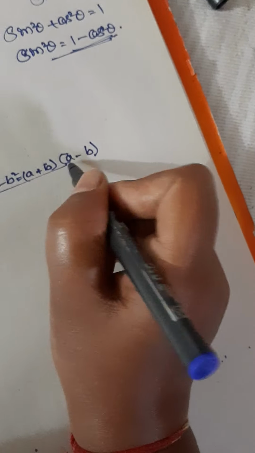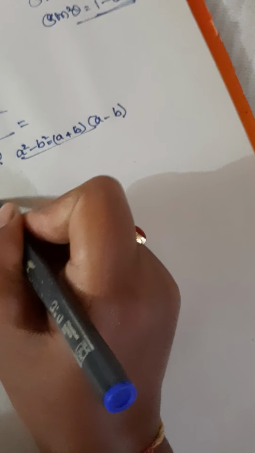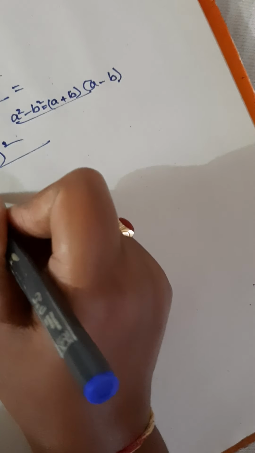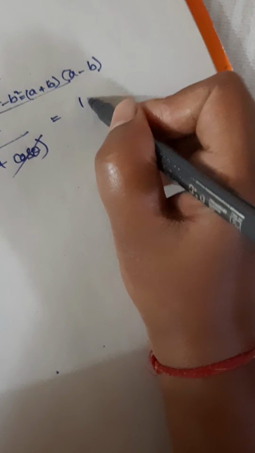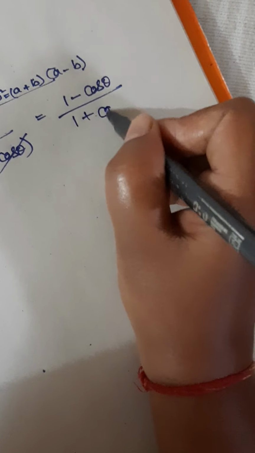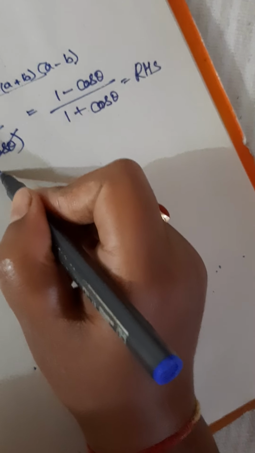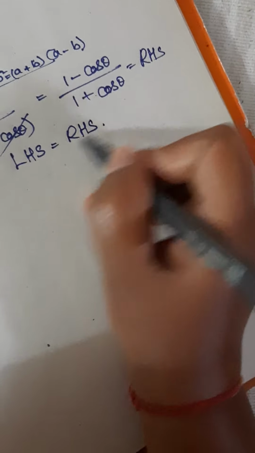So we can write (1 minus cos theta) whole square divided by (1 minus cos theta)(1 plus cos theta). This and this will be cancelled and we are left with (1 minus cos theta) divided by (1 plus cos theta). This is our RHS. So hence proved, LHS is equal to RHS.